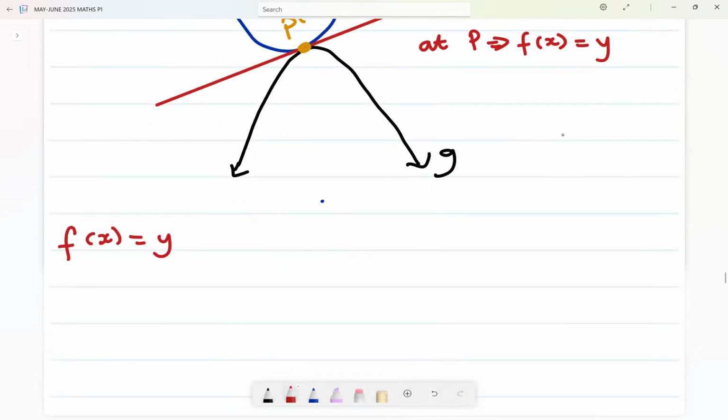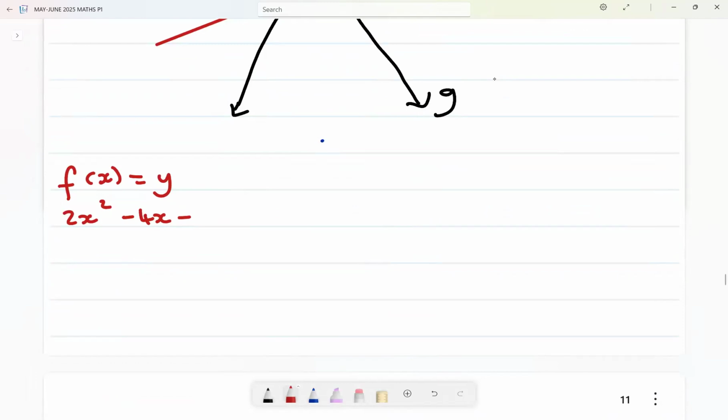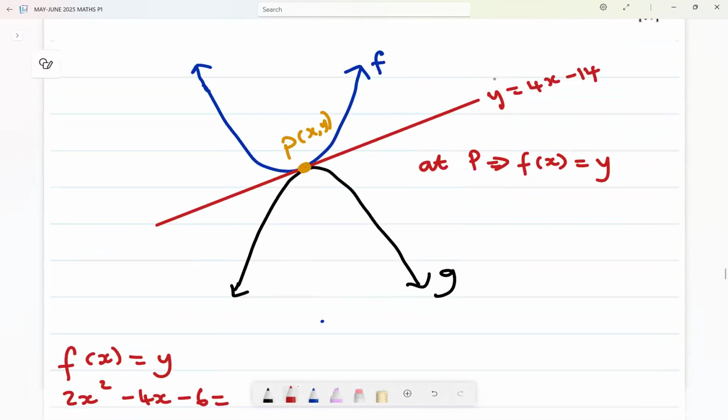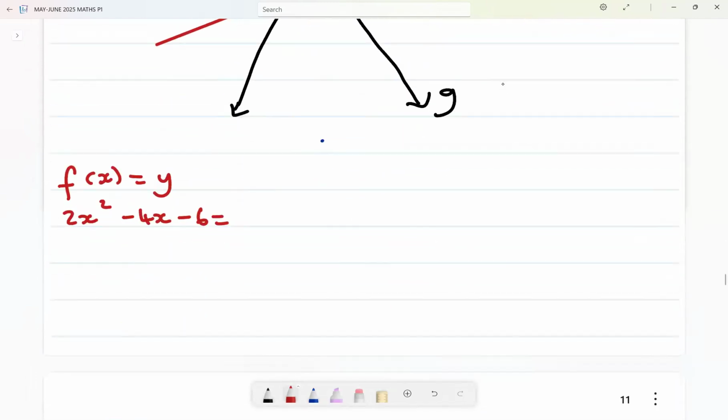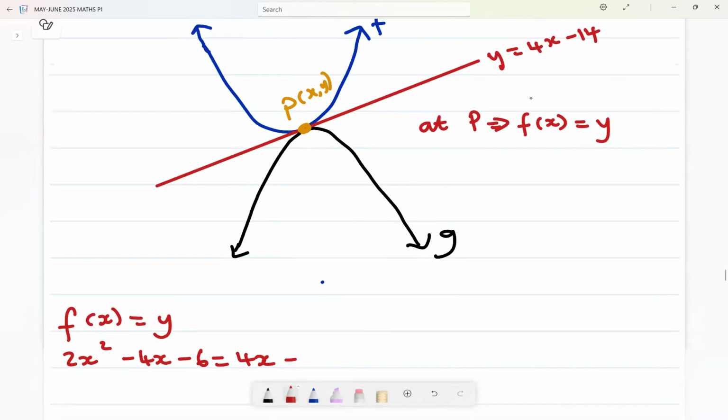So it means now 2x squared minus 4x minus 6 is equal to the equation of the y. The y is 4x minus 14.